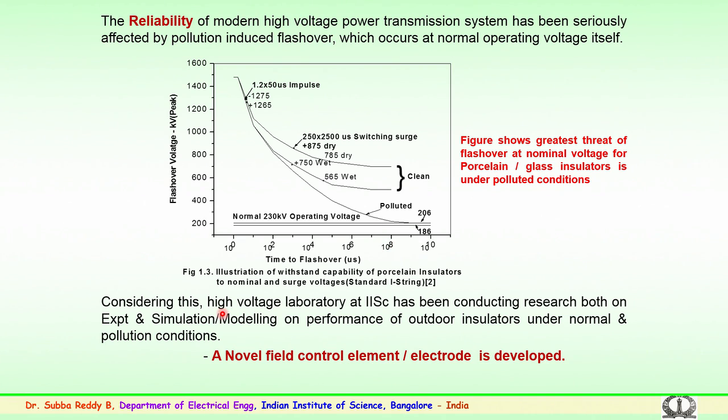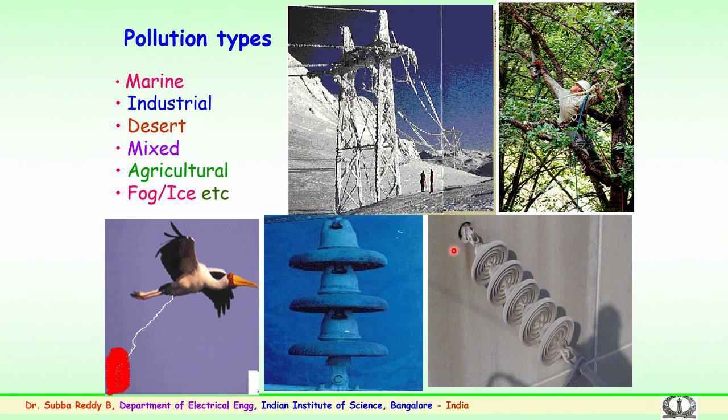So, considering this very important aspect, the high voltage laboratories have to develop the pollution facility, and suitable performance tests have to be carried out under polluted conditions for various polluted zones.